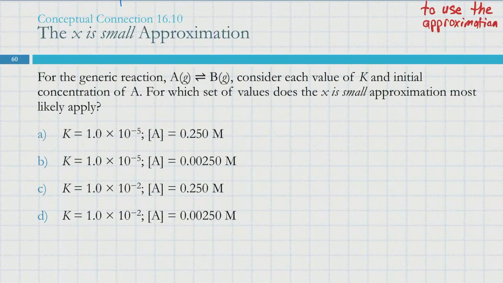All right, given this generic equation, take a peek at each of these K and initial concentrations and make a guess about which of these most likely will work for the X's small approximation.